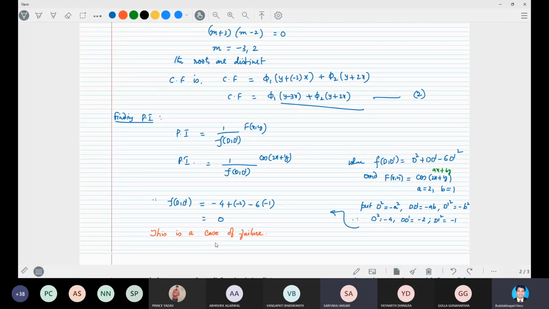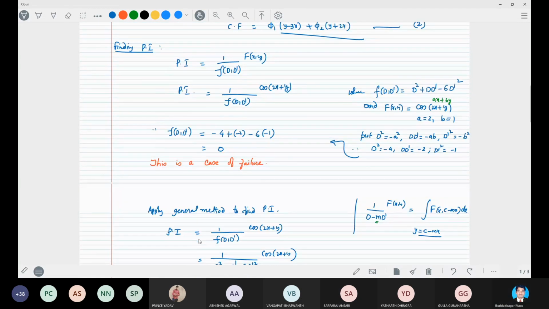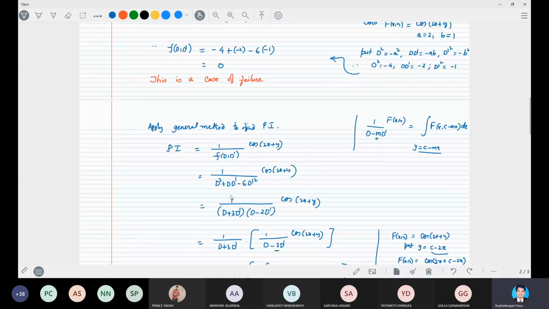Factorize f(D, D') into linear factors, right? So f(D, D') = D² + DD' − 6D'² is to be factorized into linear factors, which will give the form (D − mD').